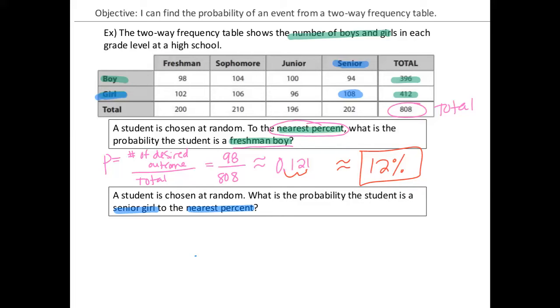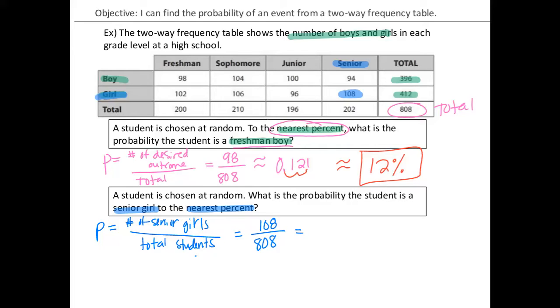Okay, so in this one, we're asked for the probability for senior girls. This one is going to be the number of senior girls divided by total students. You don't have to write that beginning part, but I'm writing it out so you can see how we're getting the answer. What is the total number of senior girls? 108 divided by the total 808.